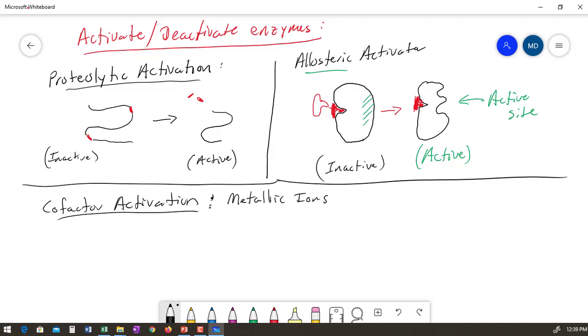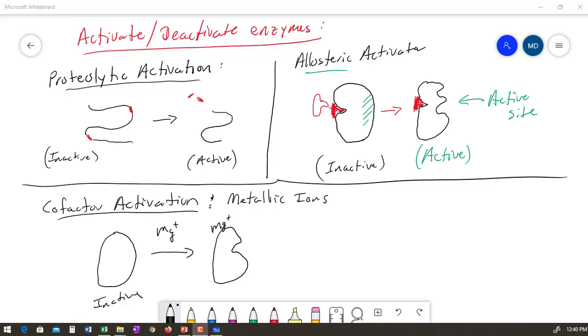They attach to an enzyme to activate it. So you might have something similar here with an inactive enzyme. And then when you add magnesium to it, magnesium, I can't remember if it's 1 plus or 2, it doesn't matter. When magnesium attaches to it, that again opens up the active site here. But here the magnesium is actively attached to it. That's going to be a cofactor. Usually cofactors are non-organic types of materials.